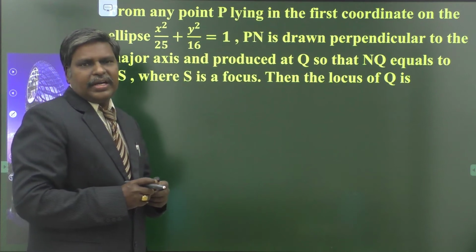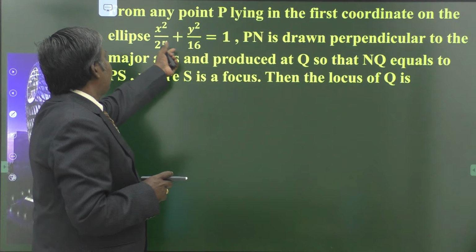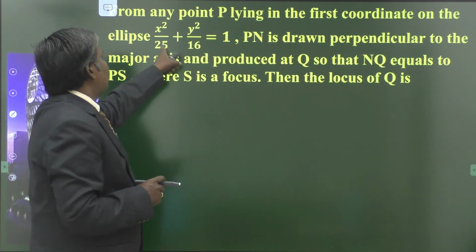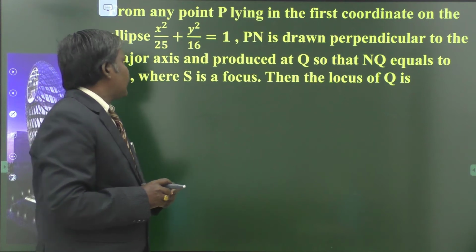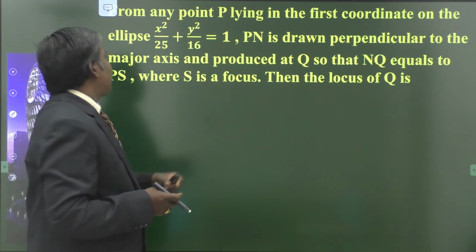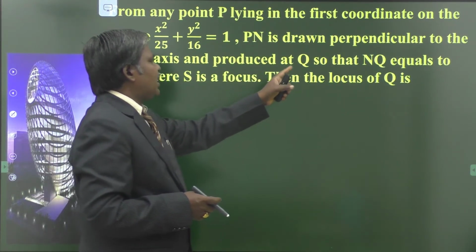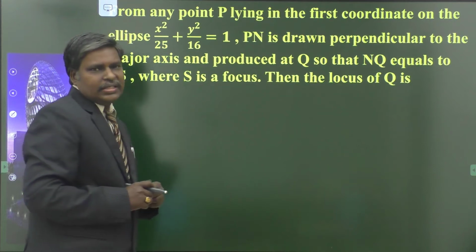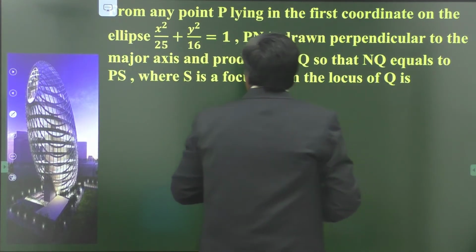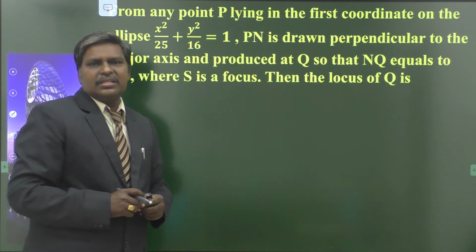So P is any point in the plane of the first quadrant that is also on the ellipse x square by 25 plus y square by 16 equal to 1. PN is drawn perpendicular to the major axis and produced to Q, so that NQ is equal to PS, where S is the focus. Then the locus of Q is what they are asking.